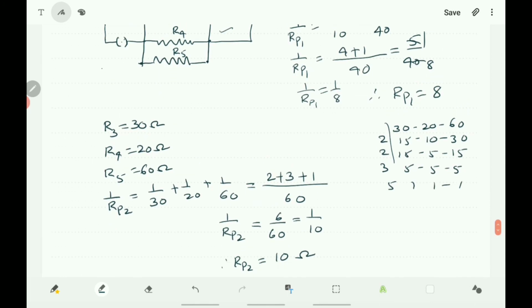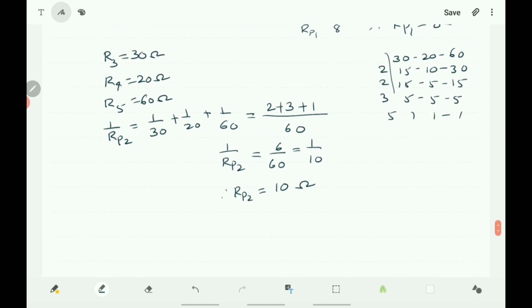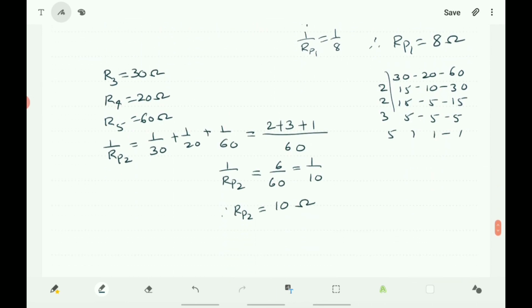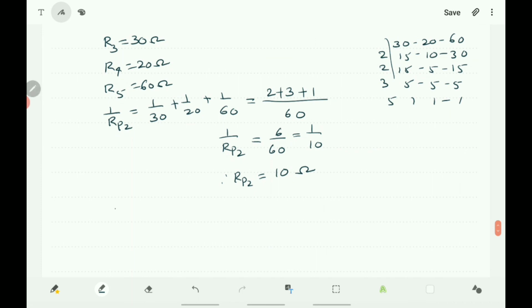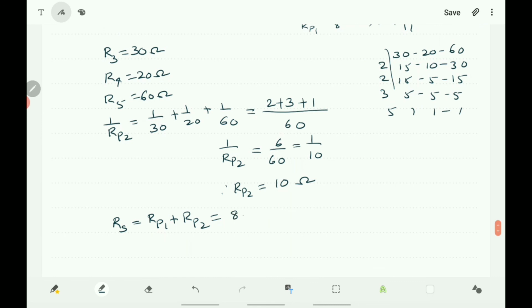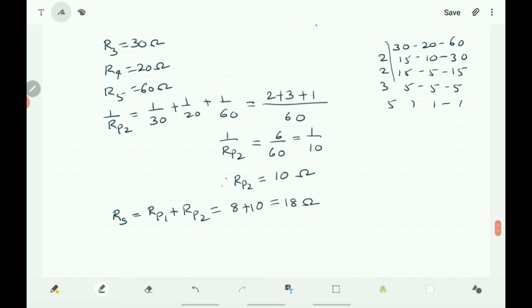Here Rp1 is 8 ohm, Rp2 is 10 ohm, and these two combinations are connected in series. Therefore let us take Rs equal to Rp1 plus Rp2, that is 8 plus 10, which is equal to 18 ohm.